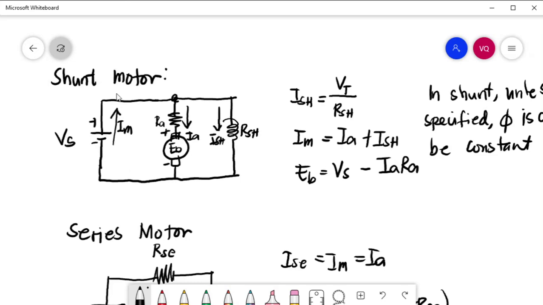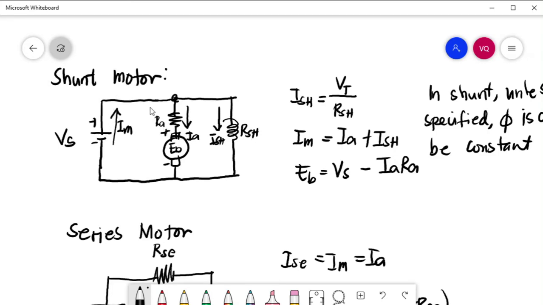We have a current here, which is Im, the current of the motor, because this source voltage will supply the motor and its resistance and windings. So this is the direction of your Im.